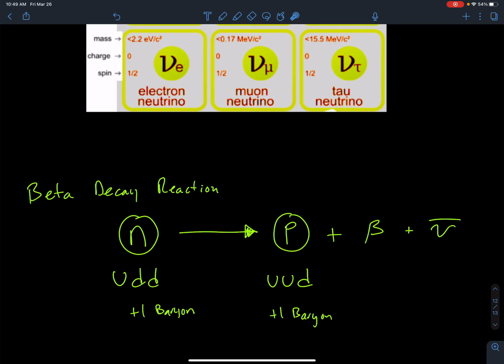So the beta particle doesn't have any baryon number, so it's not going to contribute to it, but it has 1 lepton number, okay? And a neutrino normally would have 1 lepton number, but in order to conserve the lepton number on this side I don't have any leptons.